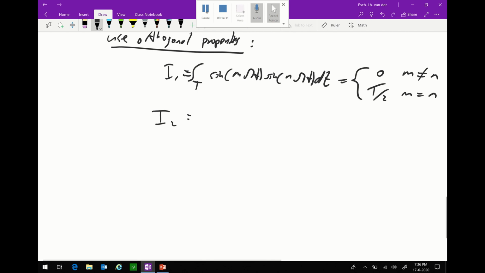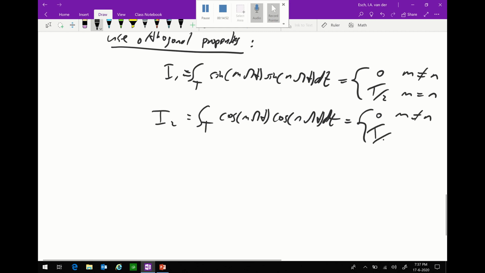The second property is the integral of cosine m omega t times cosine n omega t dt is 0 if m is unequal to n, and T over 2 if m is equal to n.